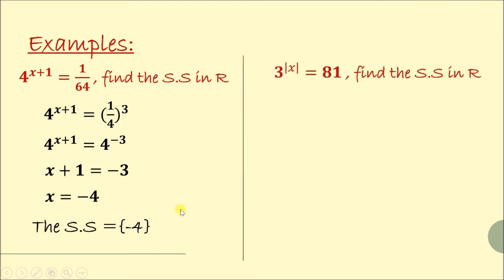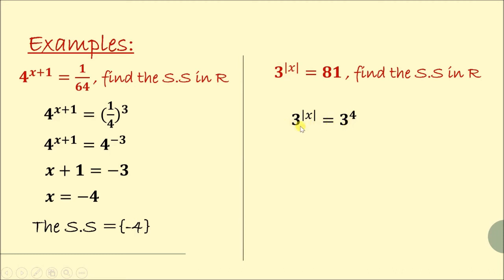Another one, 3 to the power absolute value of x equals 81. Let's see. I have here the base 3. Can I change this number to the base 3? Yes, because 81 is 3 to the power 4.